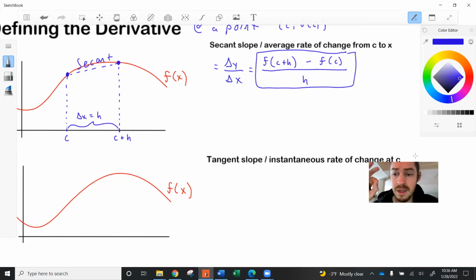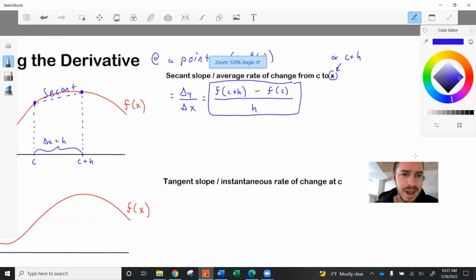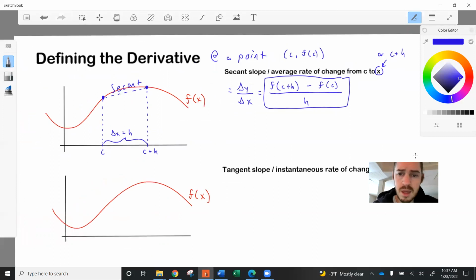That is the algebraic expression in terms of a function that calculates the slope of a secant line for that function between the point c and c plus h. Right here I wrote x. We could call that x, c plus h. I'll explain why I wrote x in a couple of minutes.